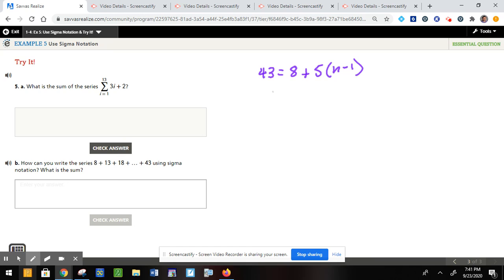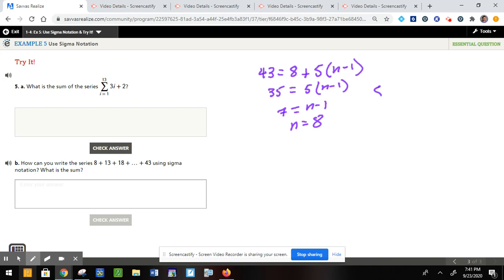So the first thing I'll do is subtract the 8, and you get 35. I can divide by 5, and you get 7 is equal to n minus 1. Add 1, and you get n is equal to 8. So now we know there's 8 terms in the sequence. Now we can use the sum formula to figure it all out.